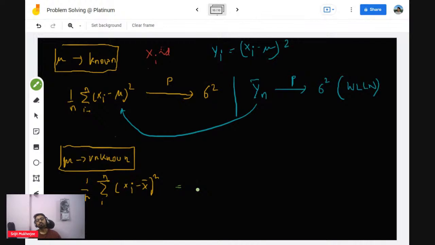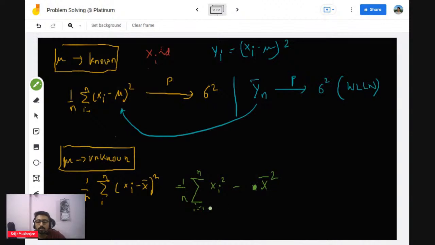If you expand this function, what will you get? Any ideas? What will you get? By square. Right?